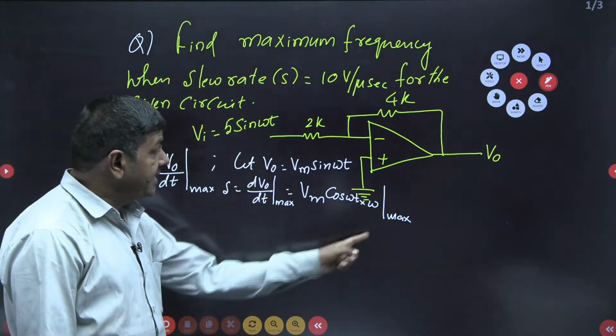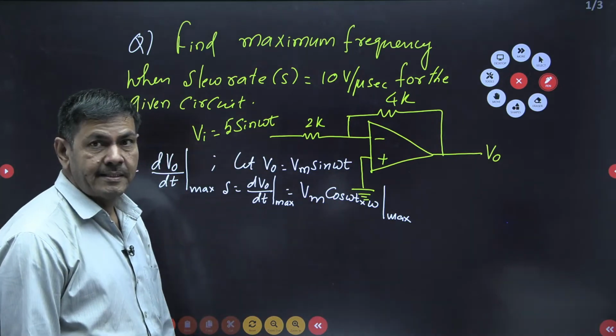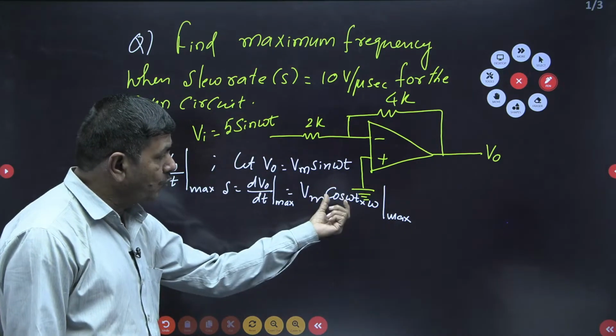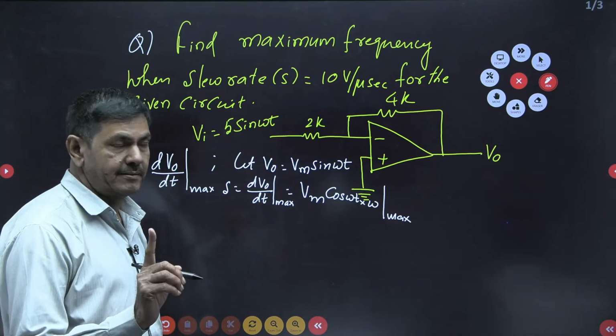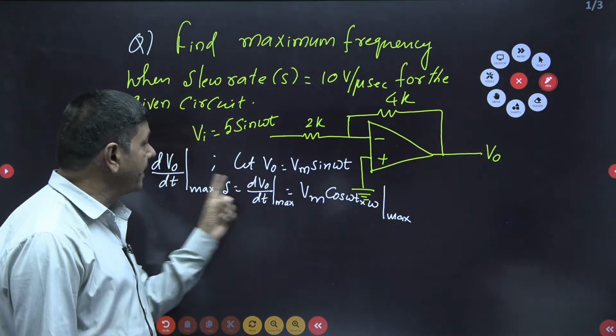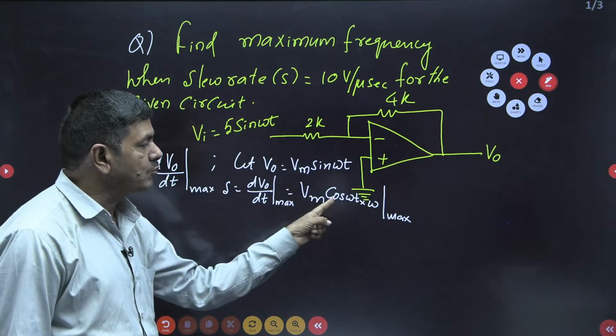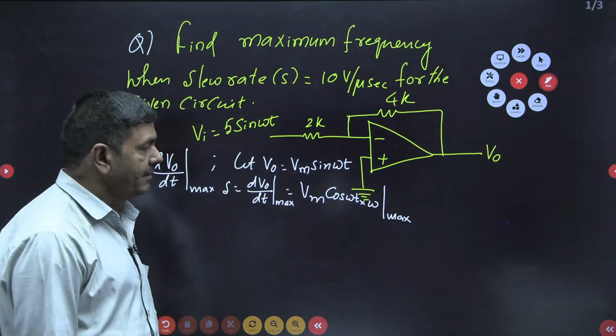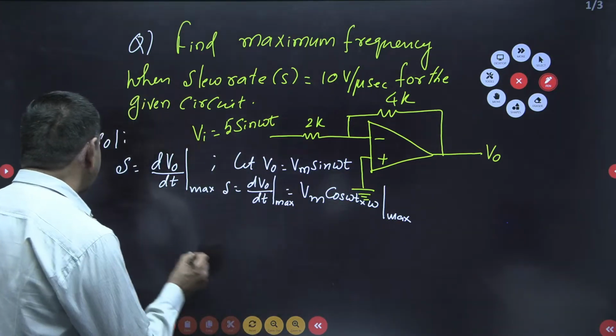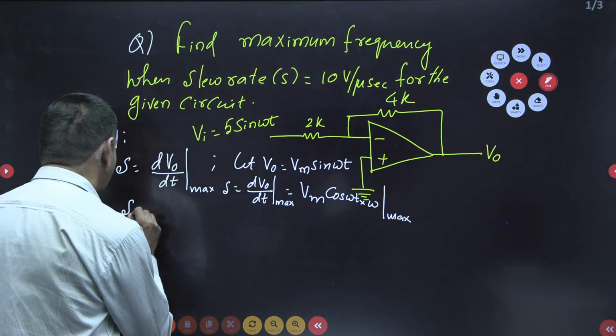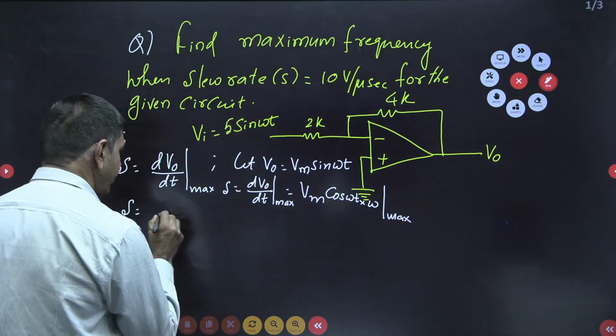Maximum I can get if cos omega t becomes unity, only then can I get the maximum slew rate. Cos omega t is 1 means I can write directly the formula for slew rate: Vm omega.